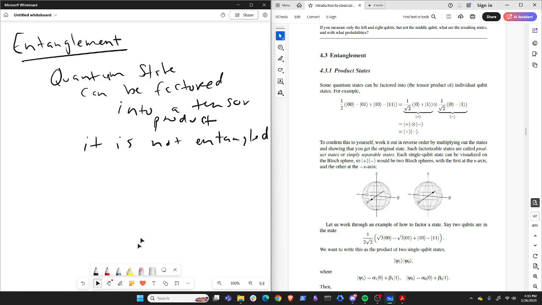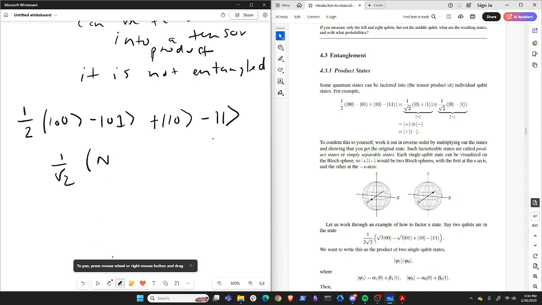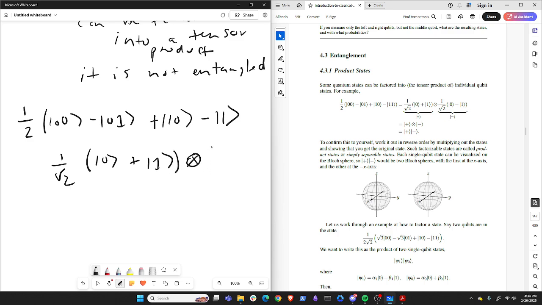So for example, with what they show us here, this is just two Hadamard states tensor producted together.